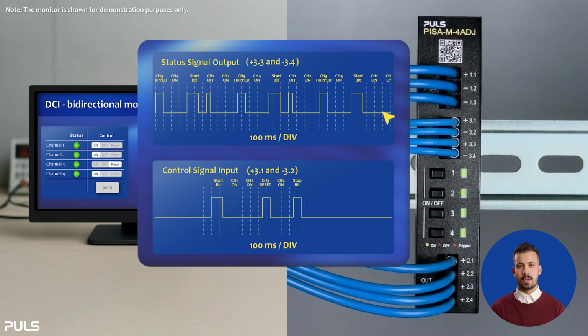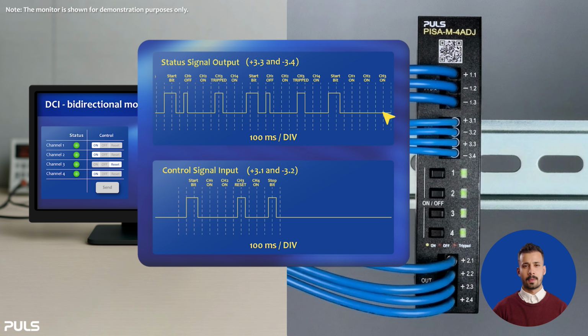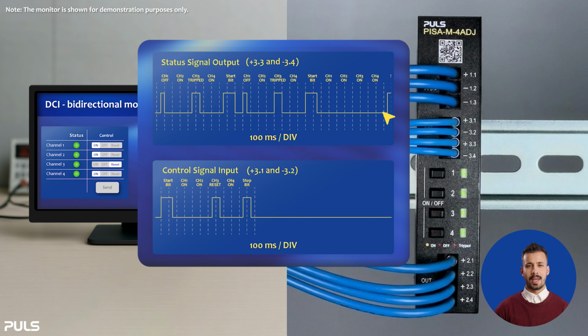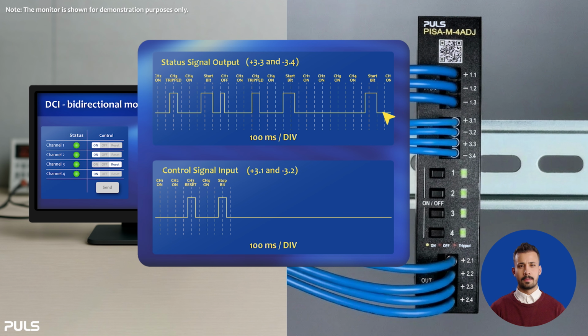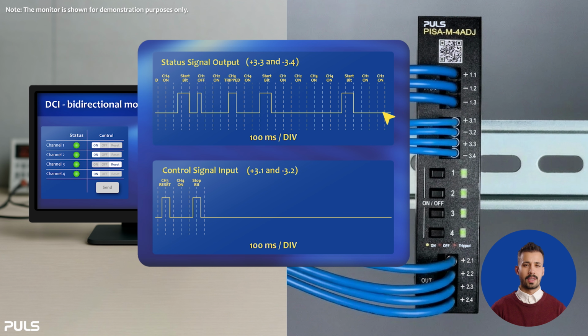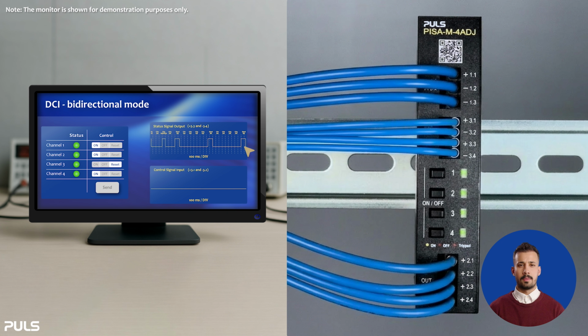For any channel where no new setting has been selected, the previously active setting remains unchanged and is transmitted accordingly. So in bidirectional mode, we can not only monitor the channel states, but also actively send commands back to the PISA-M. In the event of power shortages, or if the unit is switched off and on again, the DCI will reset to unidirectional mode.